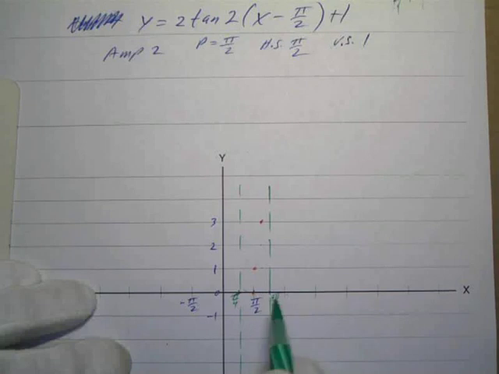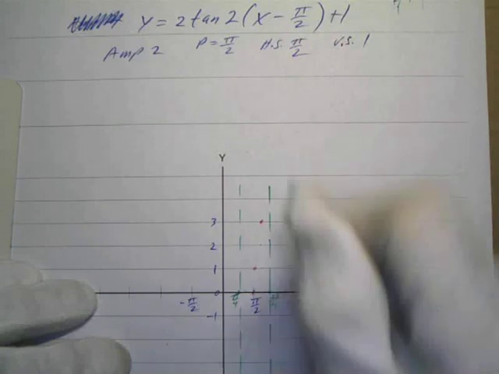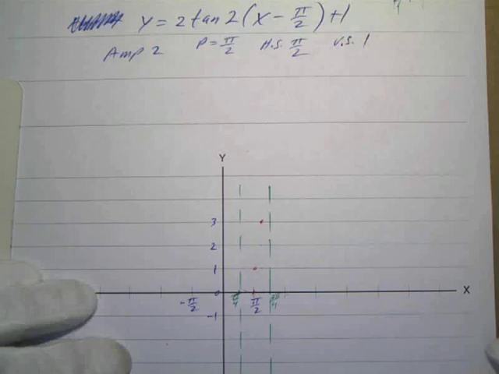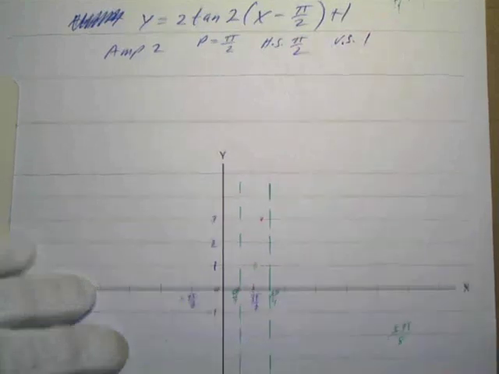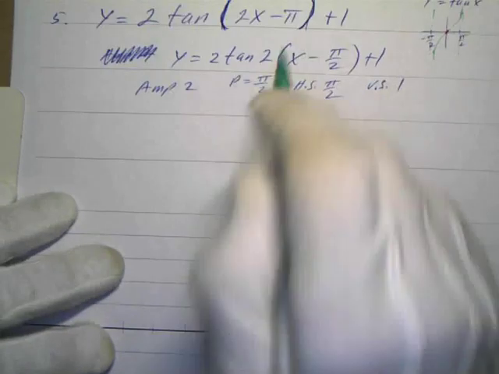Then this point over here would be right between pi over 2 and 3 pi over 4. Okay, and I can put that value in and see what I get. So I have to do my increments by pi over 8 now, because this would be pi over 8, 2 pi over 8, 3 pi over 8, 4 pi over 8, 5 pi over 8. So this would be 5 pi over 8. Let me put 5 pi over 8 in here.